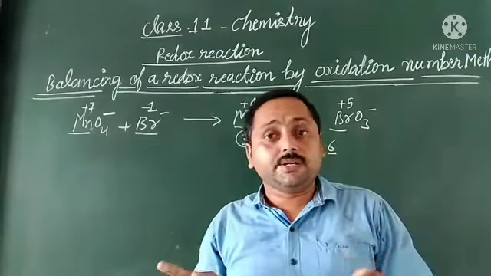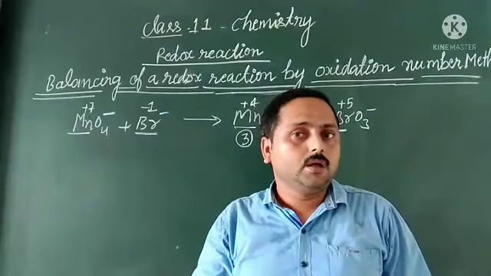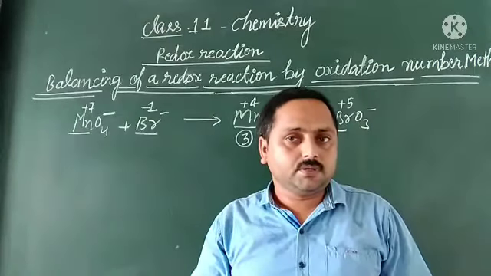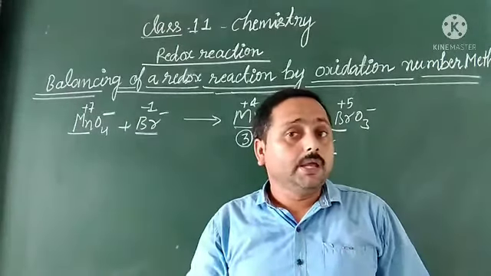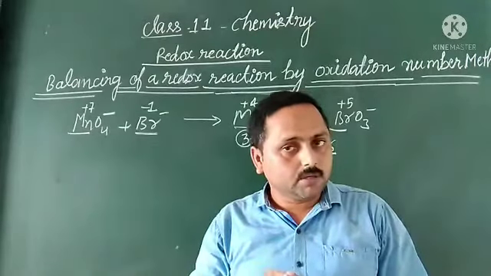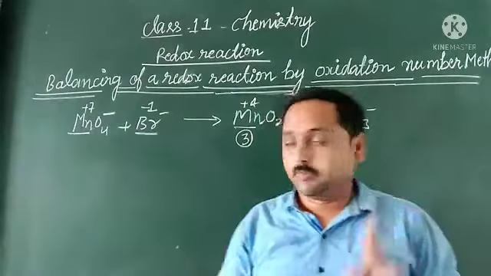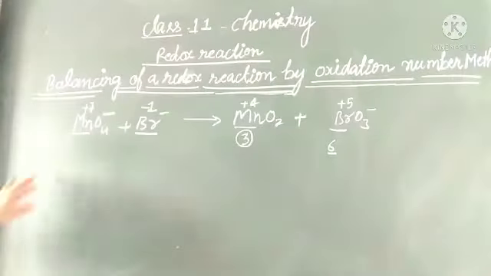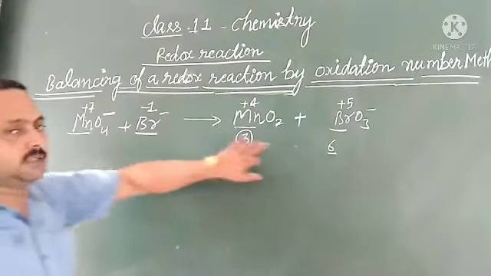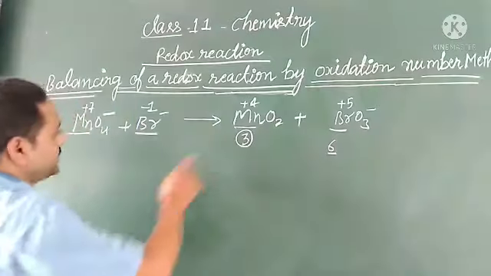We will multiply the portion wherever needed to make the increase in oxidation number and the decrease in oxidation number equal. Here 3 is changing on one side and 6 on the other, so how can we make it 6?